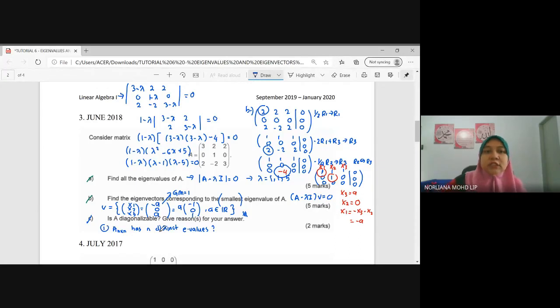Okay, first condition, kita check. A n times n, A dia 3 by 3 kan. Dia ada tak 3 distinct eigenvalues? Tak ada kan, eigenvalues dia kat sini ada 2 je.